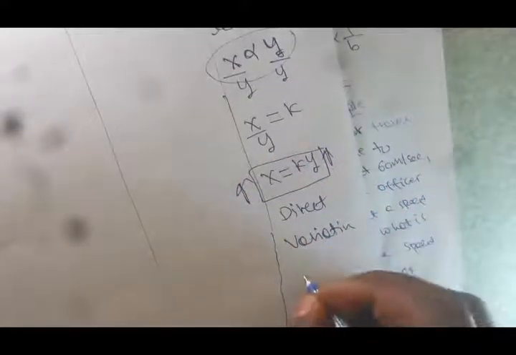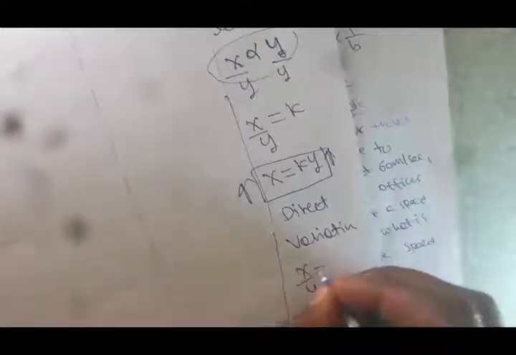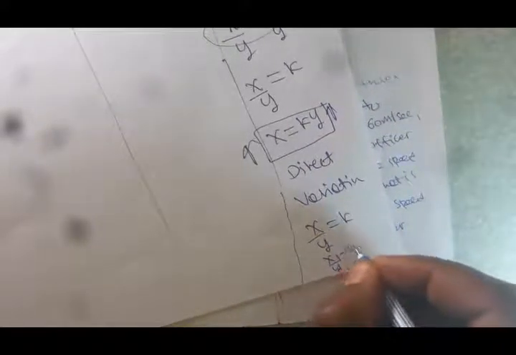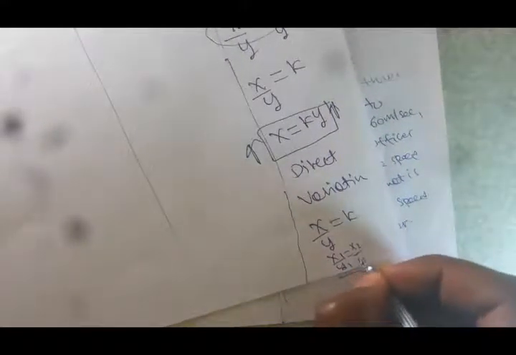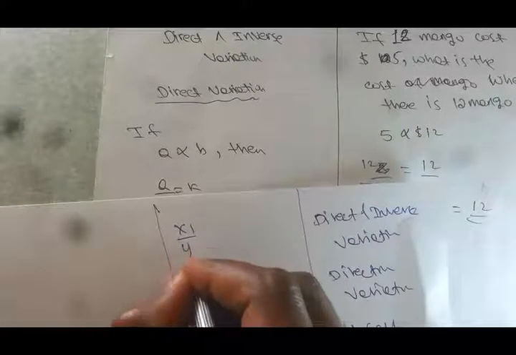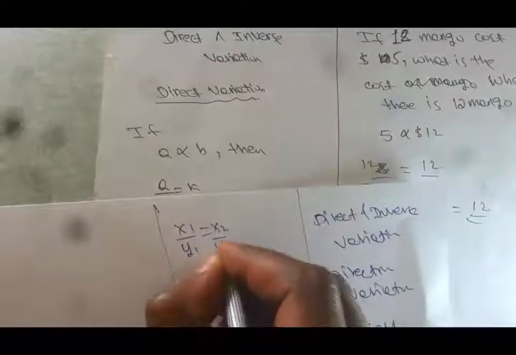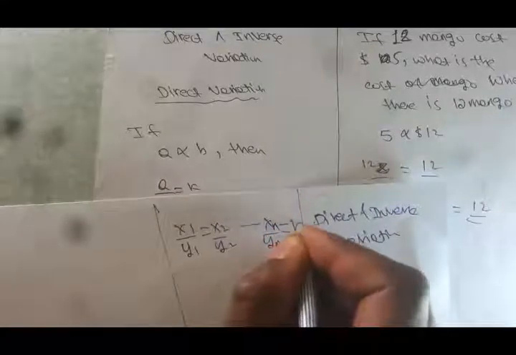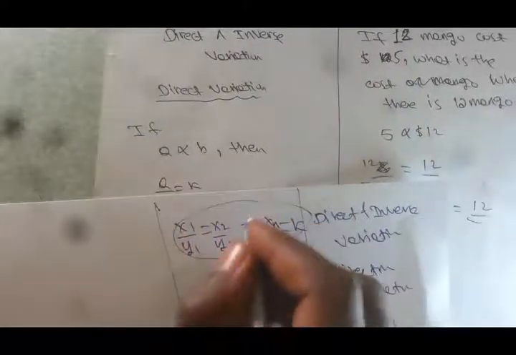For two functions, x over y is equal to k. For two functions, x1 over y1 is equal to x2 over y2, which is equal to k. Or for many functions, x1 over y1 is equal to x2 over y2 up to xn over yn, which is equal to k. This is what we call a direct function.